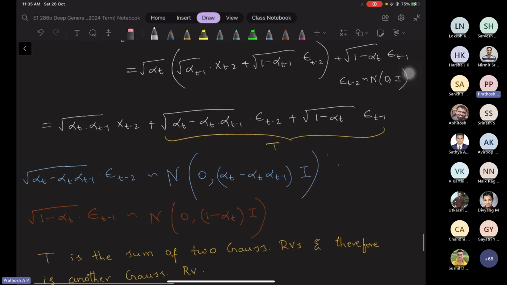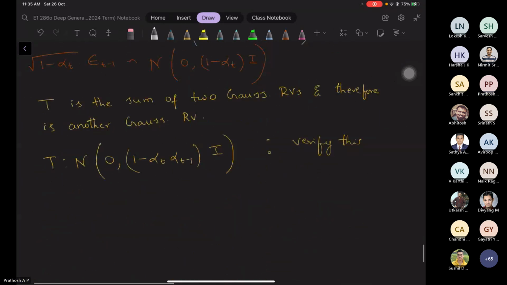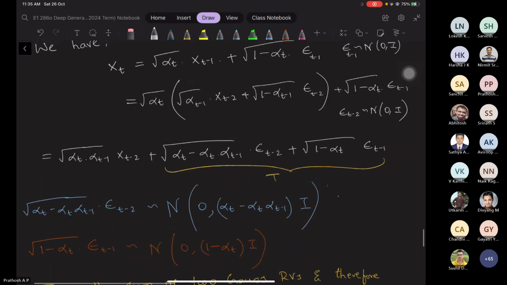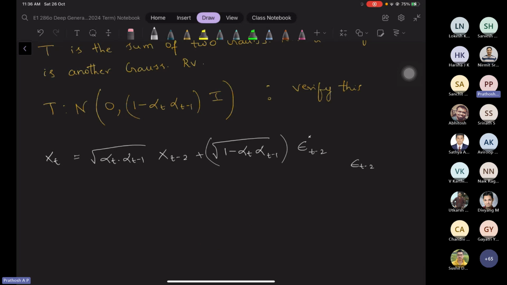So this implies that I can write xt as root of alpha t into alpha t minus 1 times x minus 2, plus another random variable, root of 1 minus alpha t minus 1 times some epsilon t minus 2, where I already used epsilon, so let's call this epsilon star t minus 2, which is Gaussian 0, 1.